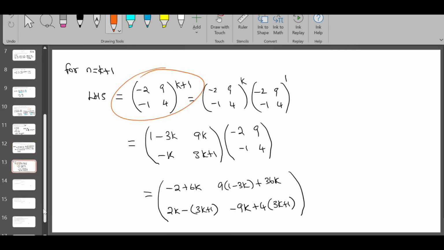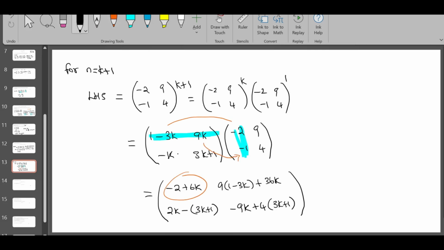After multiplication, I noticed something here. When I multiplied the first row by the first column, I should have multiplied these two, that's here, but I missed out this actually, 9 times k. So I'm going to write it here, minus 9k. I missed out that part actually. So let me just simplify it and see what's happening. Minus 2 minus 3k, minus 2 minus 3k.